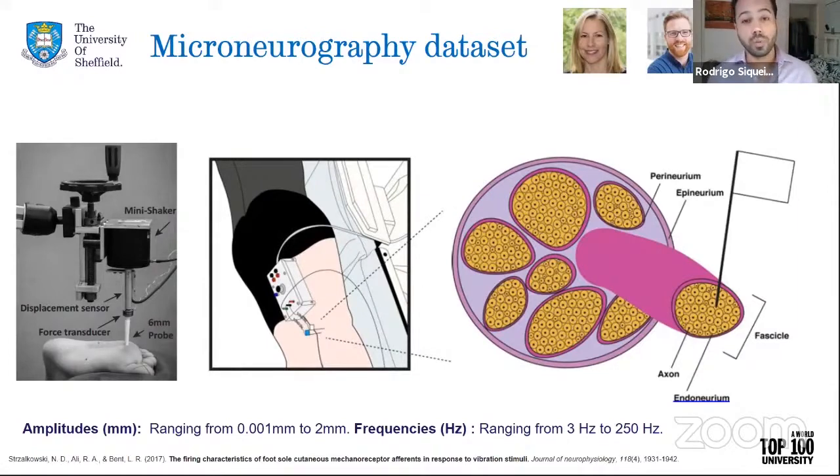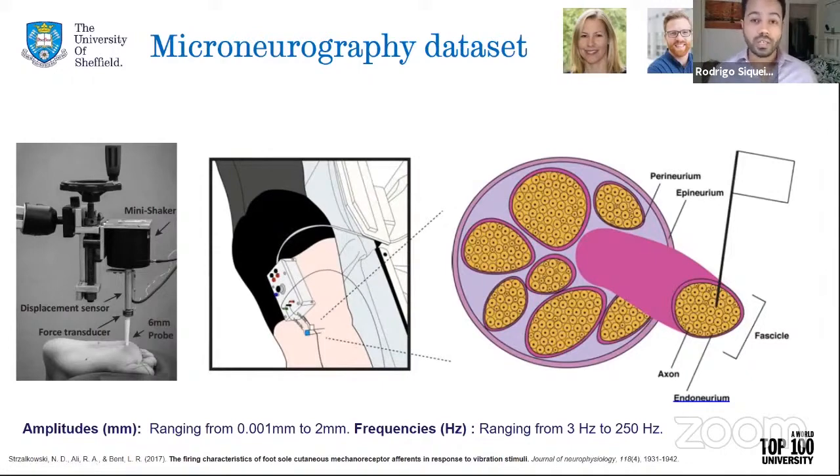The subject has to be immobilized, and then they applied a range of amplitudes and frequencies of stimulation to the sole of the foot, a range that you would have in normal conditions like walking, from 0.0 millimeters to 2 millimeters, and frequencies ranging from 3 hertz to 250 hertz. And then they recorded this data set.